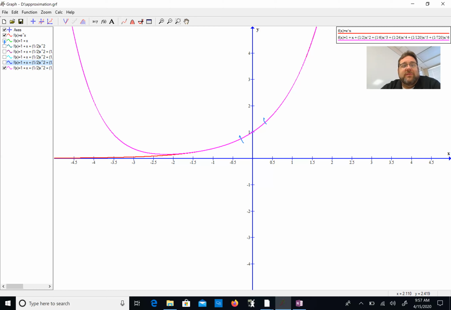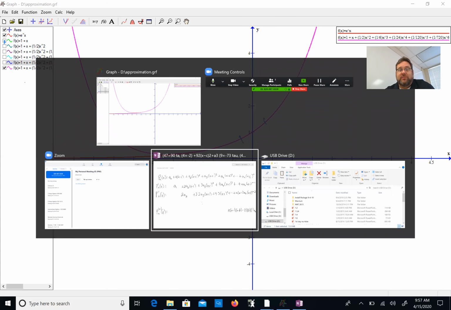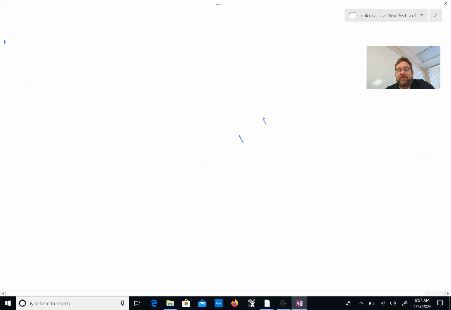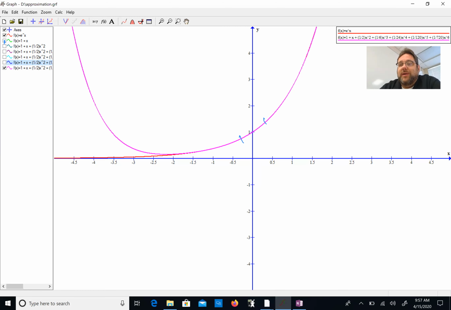All right. So all I've done is that I have gone through and I have found these nth degree polynomials that agree at the derivatives. So in other words, I did exactly what I said we were going to do. Oh, it's gone. Okay, that's fine. I can bring it back.